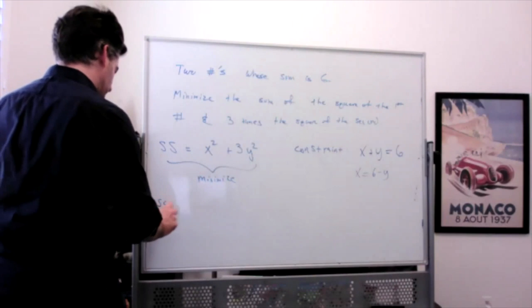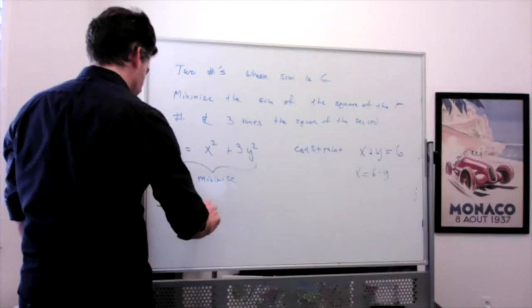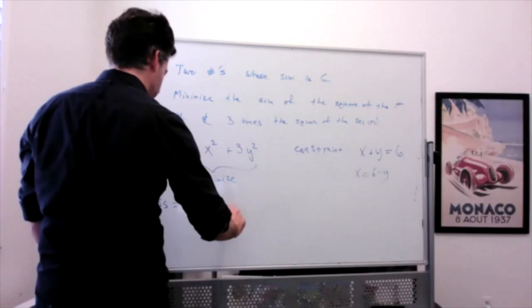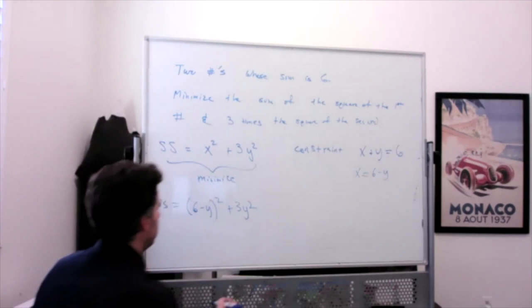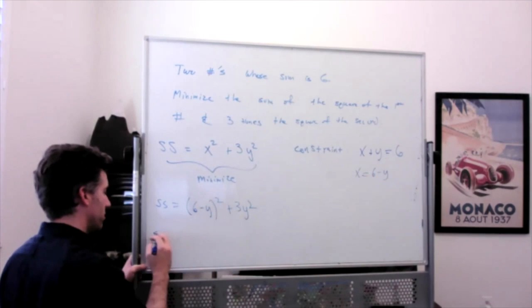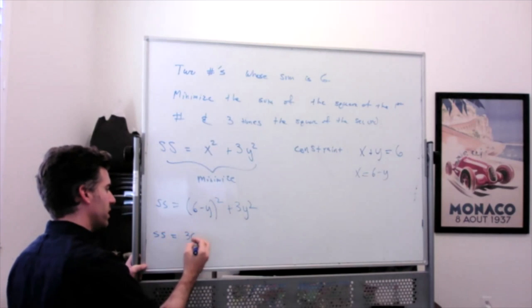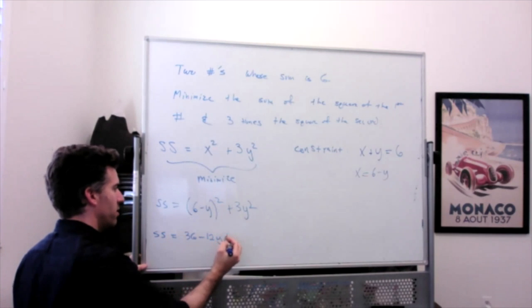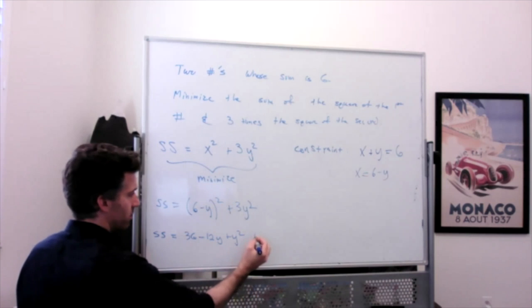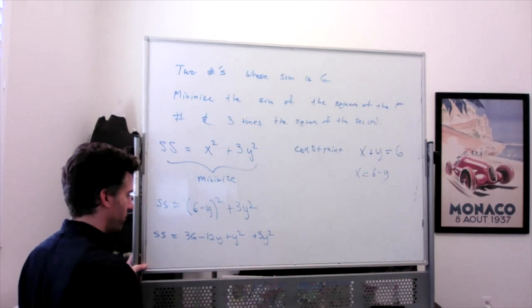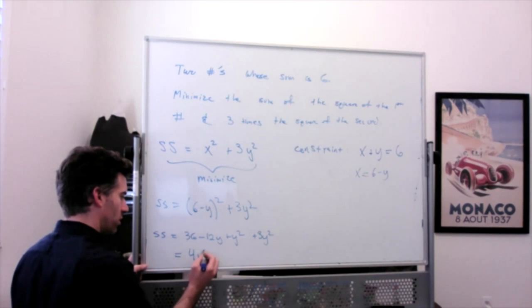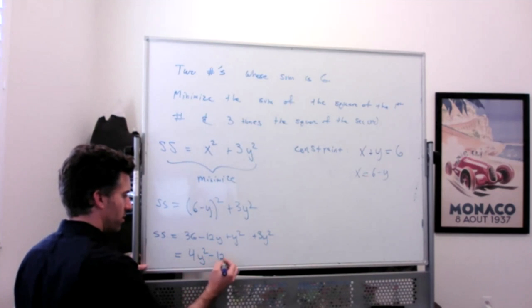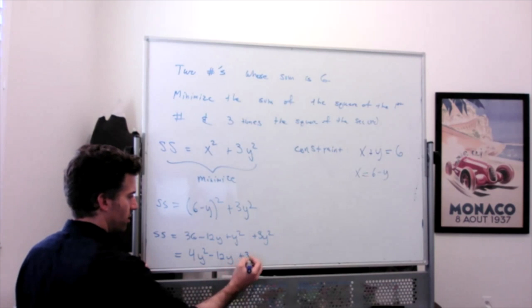So the sum of my squares is equal to (6 minus y) squared plus 3y squared. And now, if I multiply this out, I get 36 minus 12y plus y squared plus 3y squared. Or simplifying and writing in the usual order, 4y squared minus 12y plus 36.